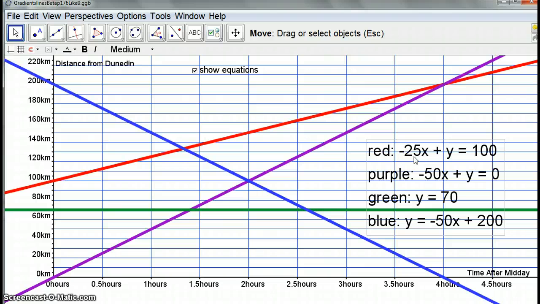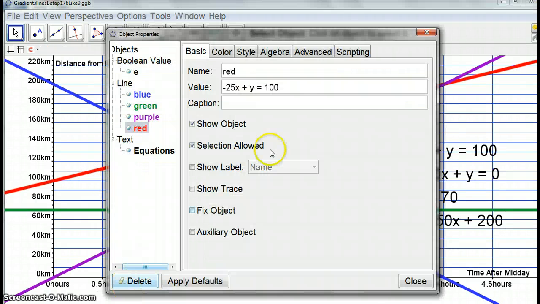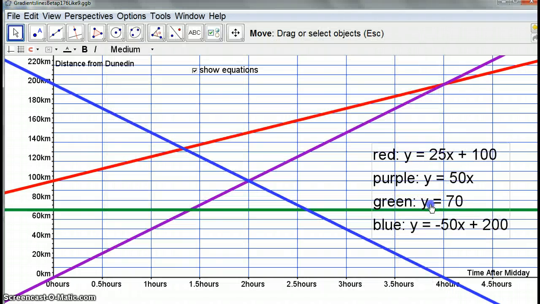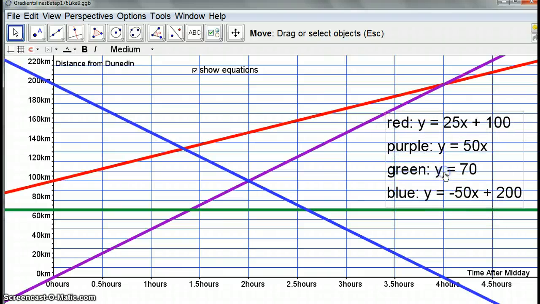So we can actually change that by going object properties, and with the algebra we can change that to y equals mx plus b. Change the format, y equals mx plus b, change the format. So equations can be in different formats. So there we have our equations. Did we get those right? Yes, we did. Okay, done.